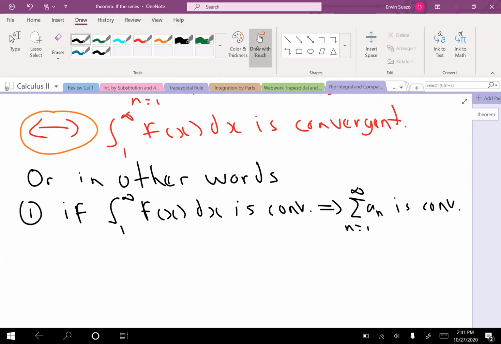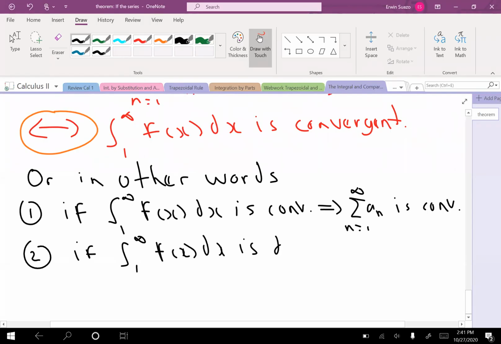And 2, if the integral is divergent, remember divergent means that it is infinity, okay? Then the sum is divergent.